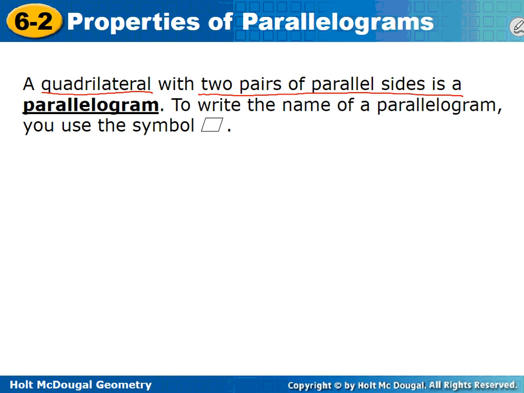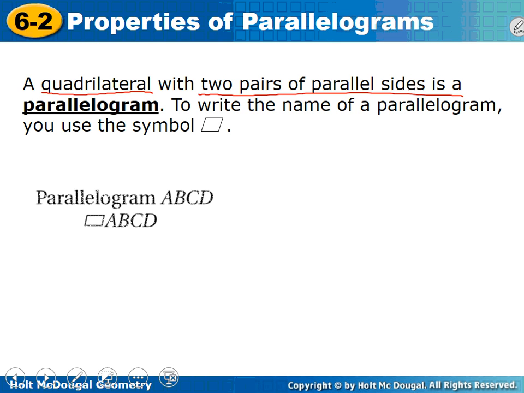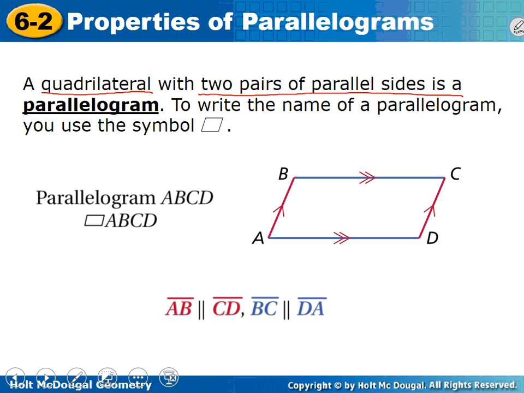Okay, I'm going to show you where this is in your notes since I'm going through all of this. By the way, to name a parallelogram, I forgot to say this. To name a parallelogram, they're going to use this little symbol. It means parallelogram. It doesn't mean quadrilateral or rectangle or square. It means parallelogram. So they'll name it, always name it consecutively clockwise.